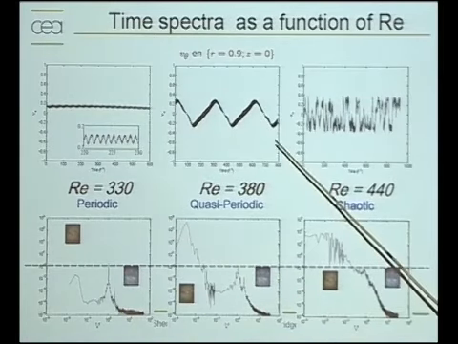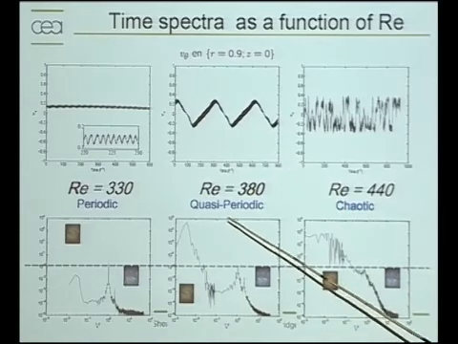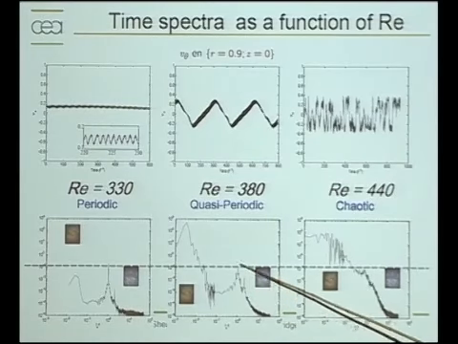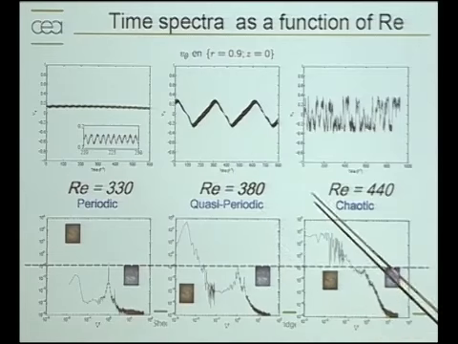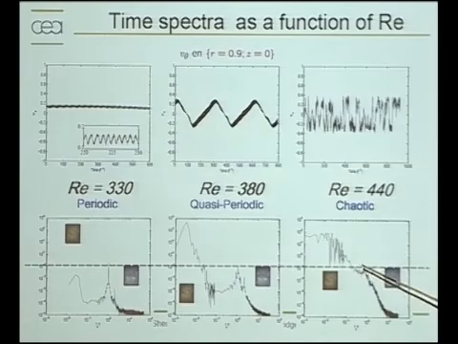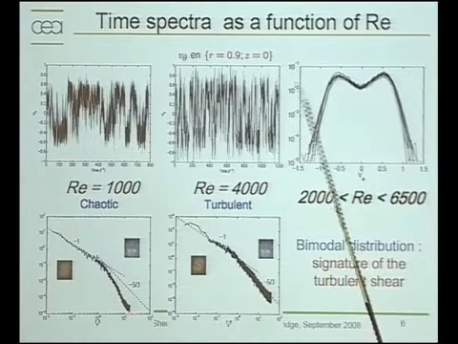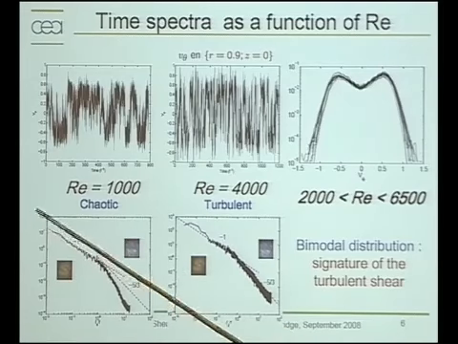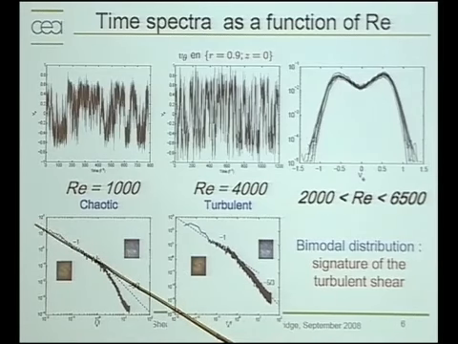You can look at that in the Fourier spectra: you see a beautiful peak like this when it is periodic. Then if you increase again your Reynolds number, you have a quasi-periodic system, with this peak here and a peak here. And if you increase again, you end up with a chaotic flow like this.